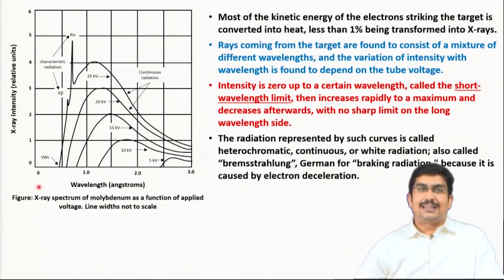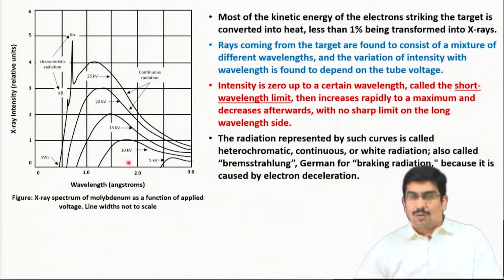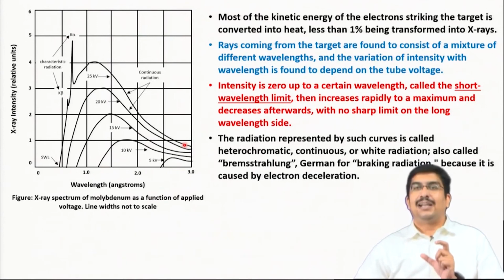So, this X-ray radiation generated in this process and represented by this curve is generally called heterochromatic, or continuous, or white radiation, and the German name for this is Bremsstrahlung. That means braking radiation, because this continuous spectrum is caused by the electron deceleration.